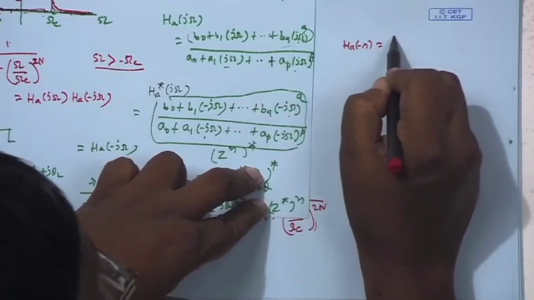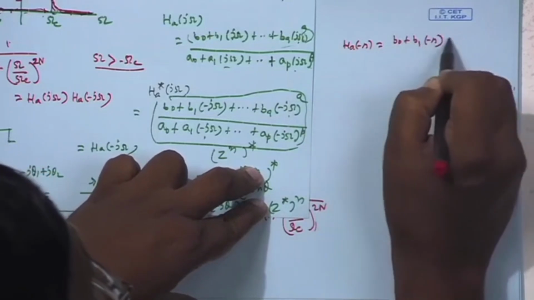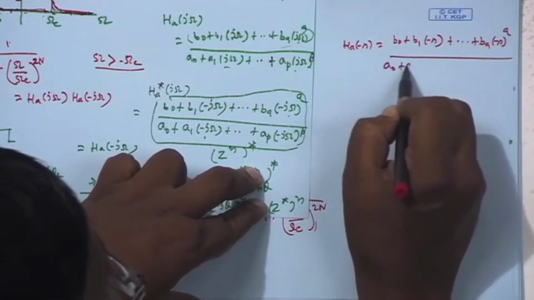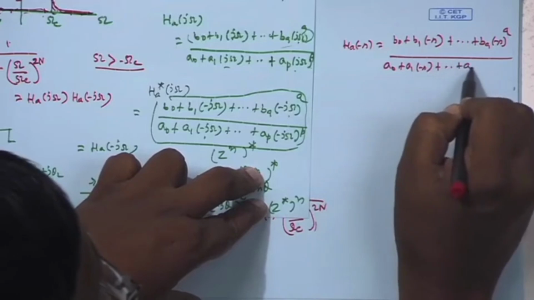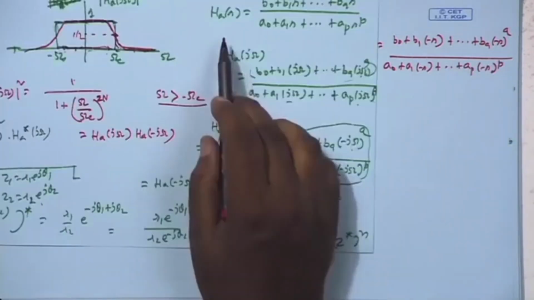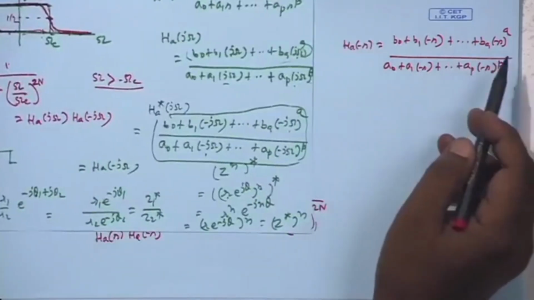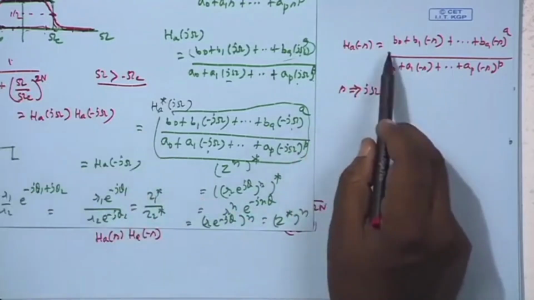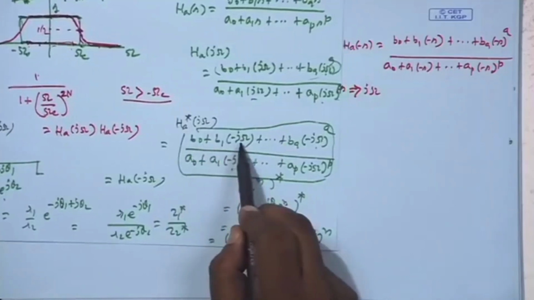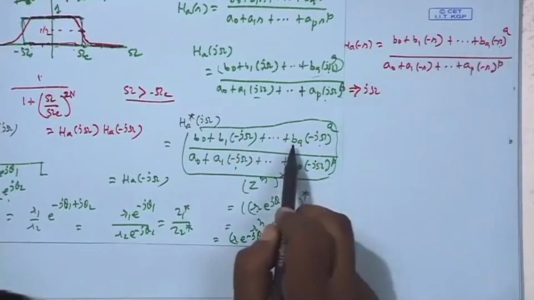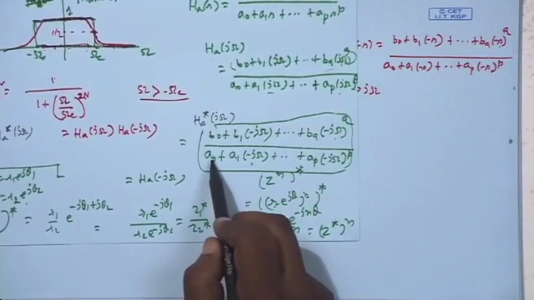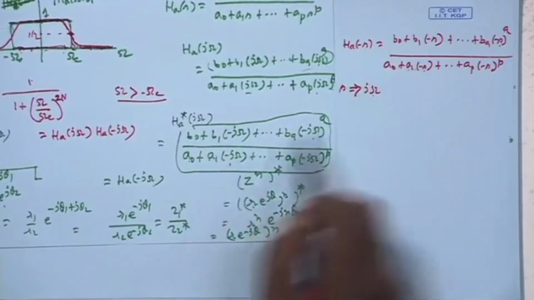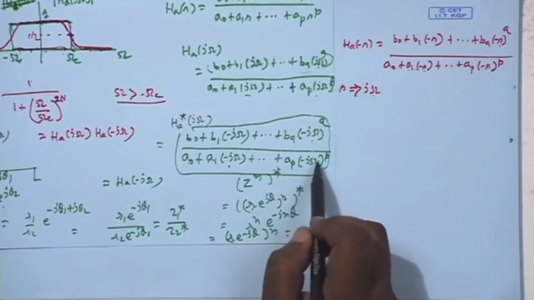So, wherever I have s, it becomes minus s: b0 plus b1 minus s dot dot dot bq minus s whole to the power q, divided by a0 plus a1 minus s, right. h a s I had, I am just replacing s by minus s, and then if I replace s by j omega, what I get? b0 plus b1 minus j omega dot dot dot bq minus j omega whole to the power q, divided by a0 plus a1 minus j omega, because s is replaced by j omega, dot dot dot ap minus j omega whole to the power p.